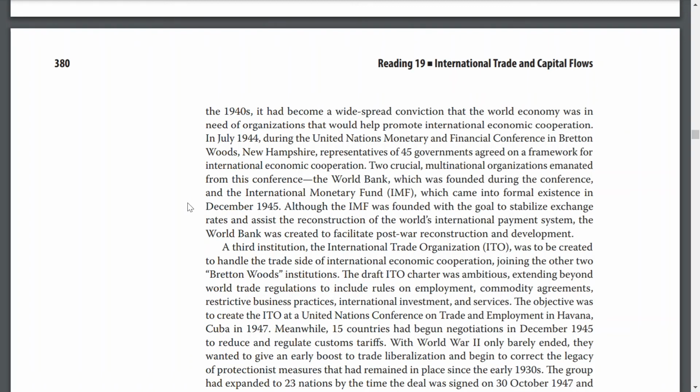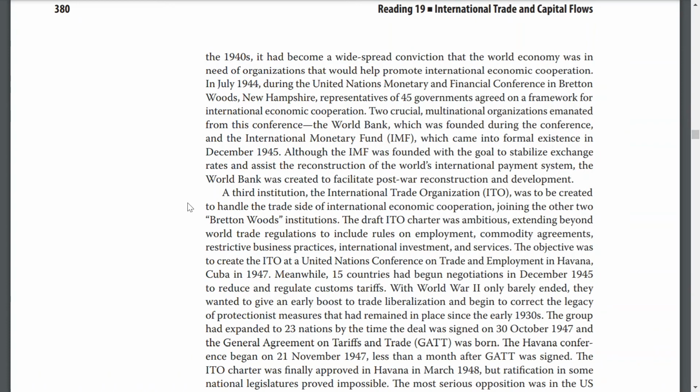Although the International Monetary Fund was founded on the goal of stabilizing exchange rates and assisting in the reconstruction of the world's international payment system, the World Bank was created to facilitate post-war reconstruction and development. A third institution, the International Trade Organization, was to be created to handle the trade side of the international economic cooperation.